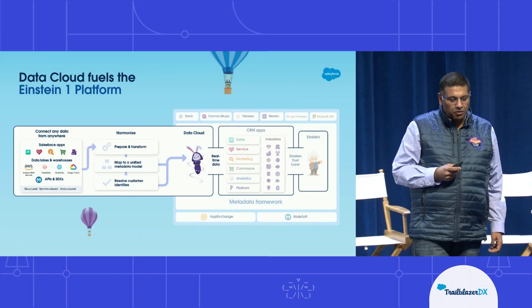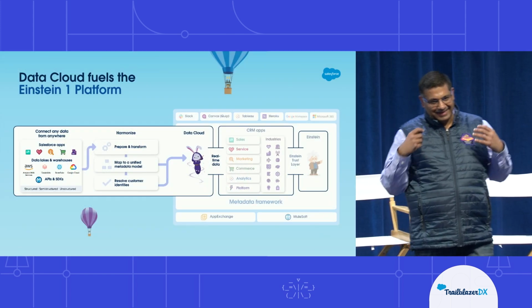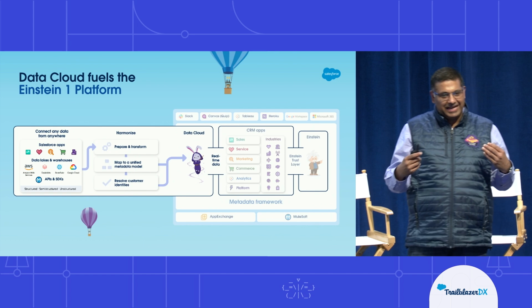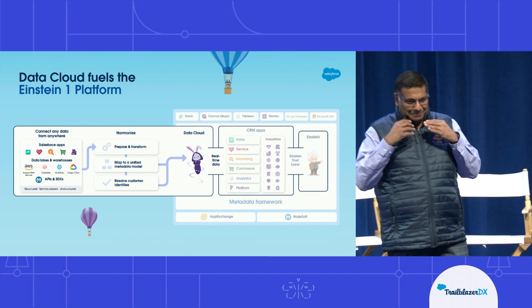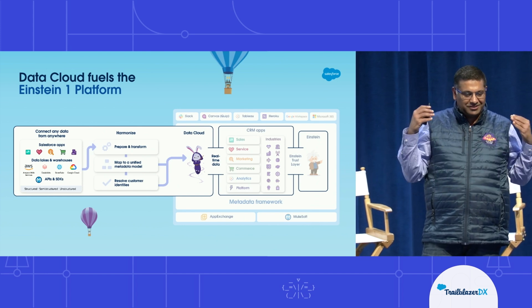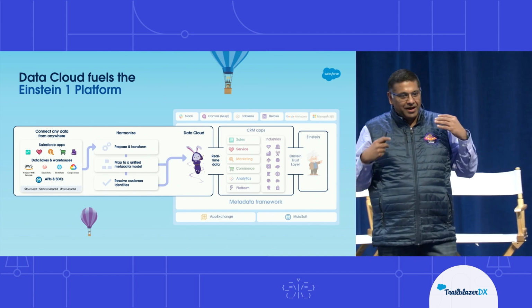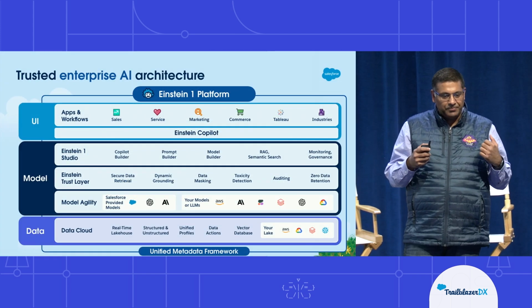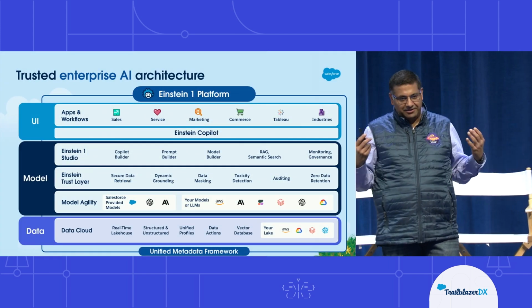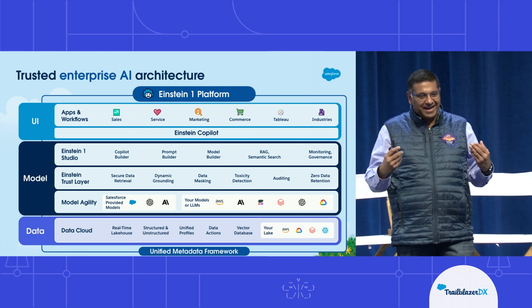Awesome. So the key message is Data Cloud really fuels the Einstein 1 platform. Data Cloud is part of the entire Salesforce 360, and it really fuels the Einstein 1 platform. And why is that important? This last year has been about your AI transformation.